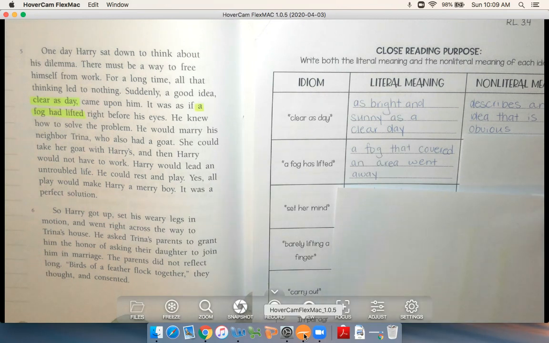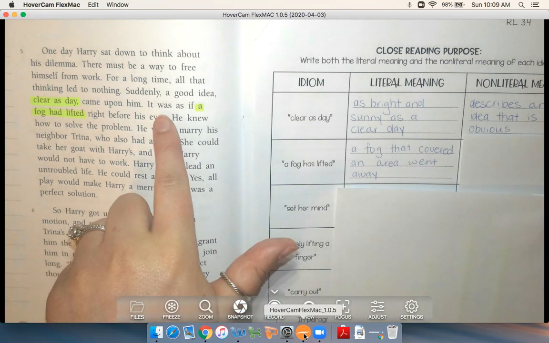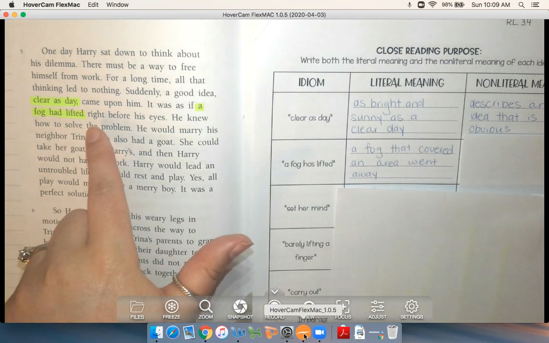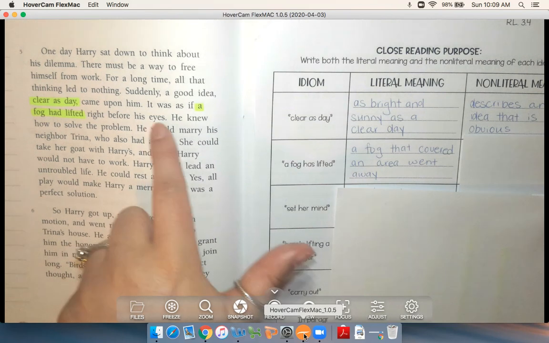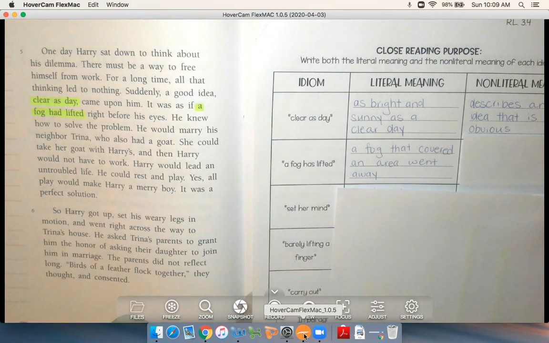But in the context of this story, it says, "It was as if a fog had lifted right before his eyes. He knew how to solve the problem," right? So all of a sudden, Harry has this great idea. It's as clear as day to him, and it's as if a fog has lifted, right? Have you ever heard that your brain is feeling a little bit foggy, right?